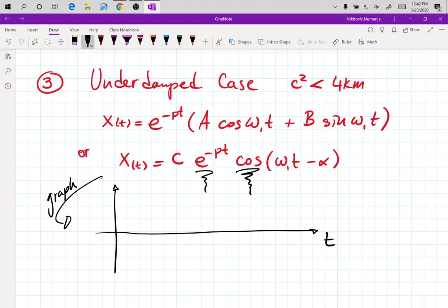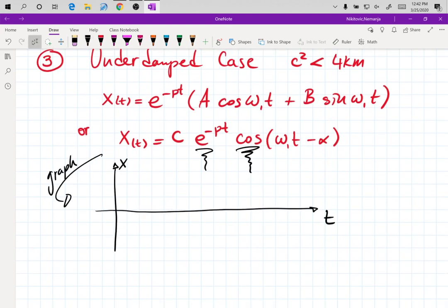This is my time axis. This is my x-axis, right? So we can put the decay on the graph, and then fill in the cosine so that it decays in time.